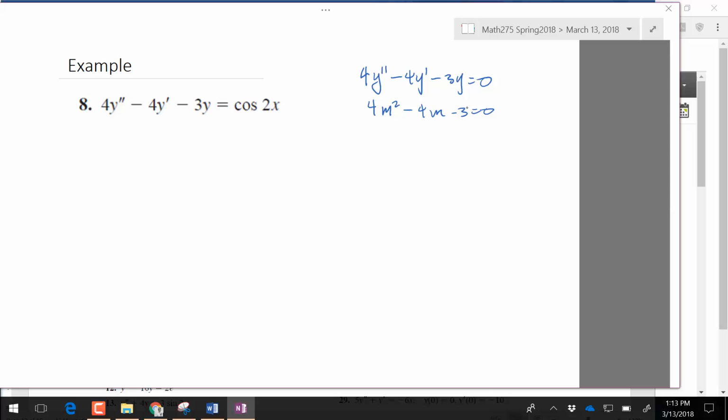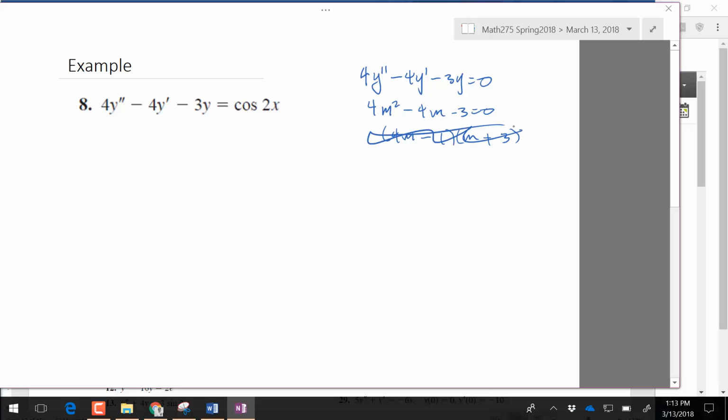I don't think I could factor it off the top of my head. I suppose we can guess, right? 2 and 2, 3, 8, 12, 8 and 12, yeah. So 4m, m, so this gets 12, is that right?